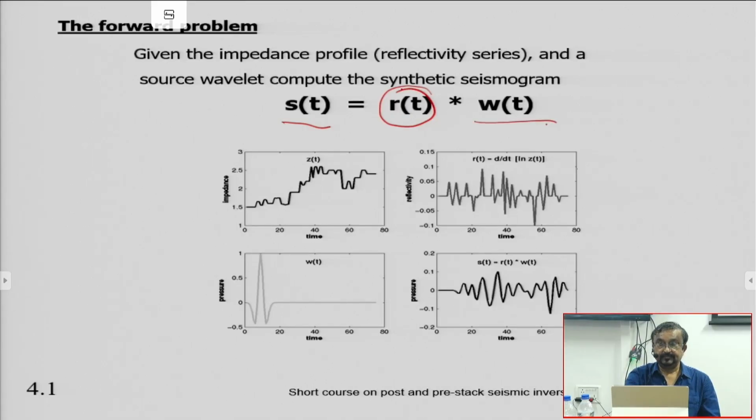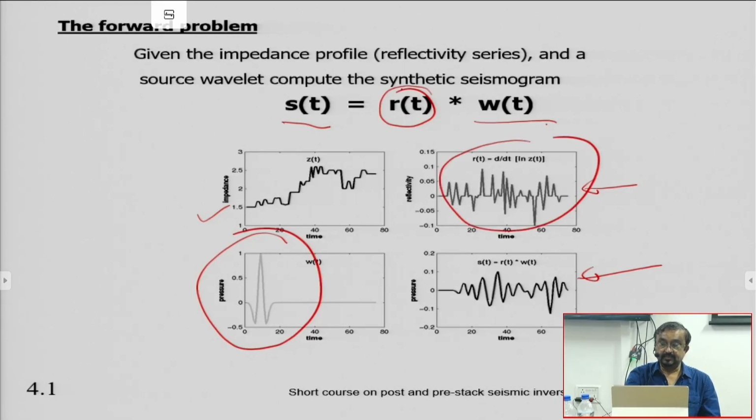Okay? So this is my acoustic impedance profile, and this is my normal incidence reflection coefficient. Okay? And this is my wavelet. I convolve and I get a seismic trace. And from there, we want to know either this or actually both, right?